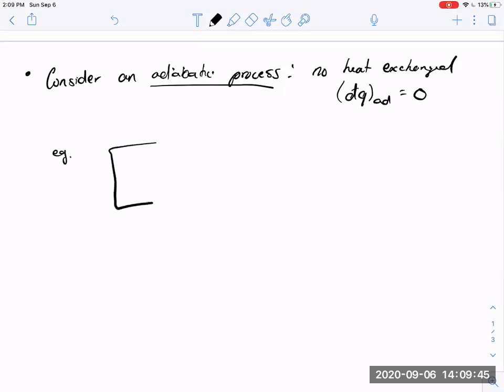An example of an adiabatic process, a more canonical example than we've introduced thus far, would be to imagine taking a gas in some piston.